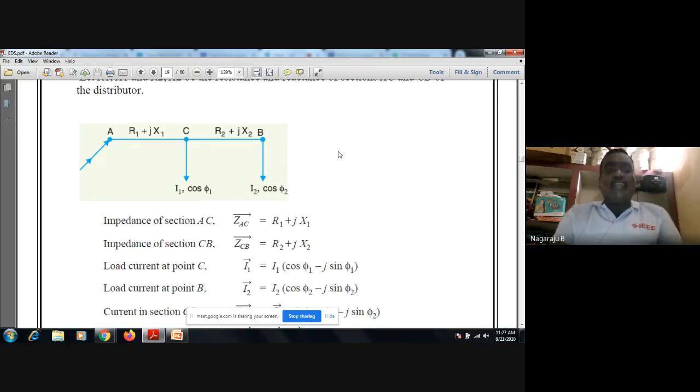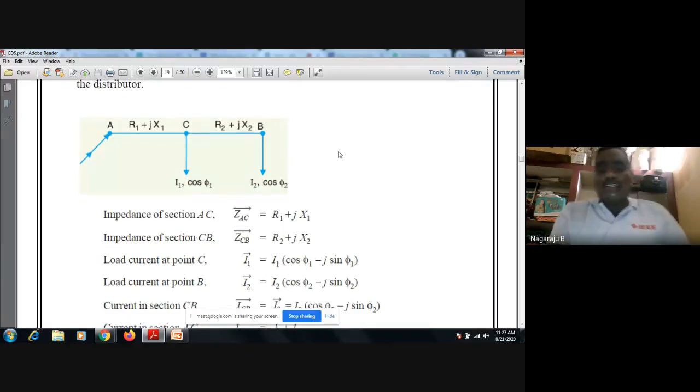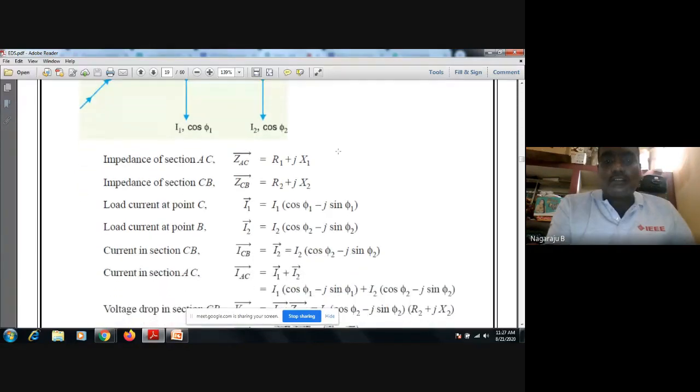Similarly, load current at point B, I2 bar, is equal to I2 into cos phi 2 minus j sin phi 2.